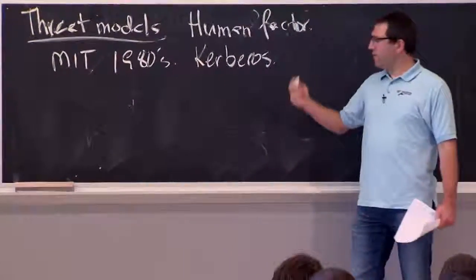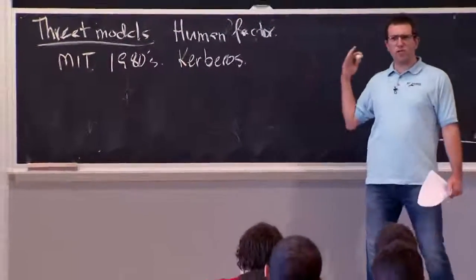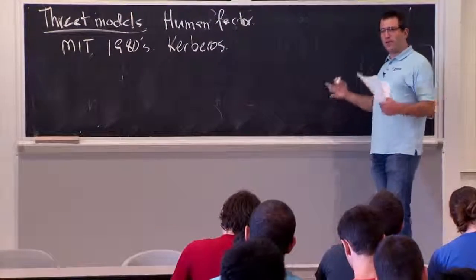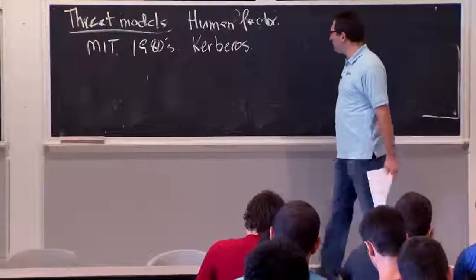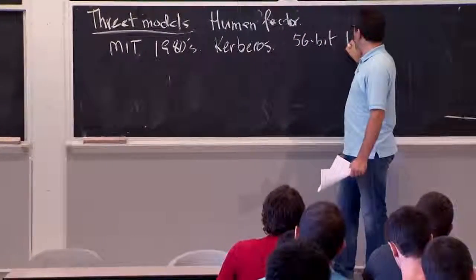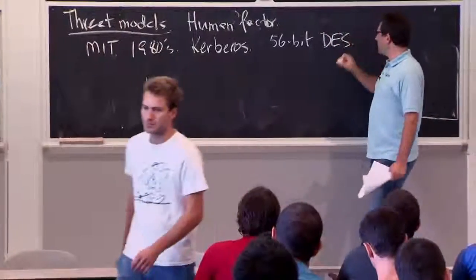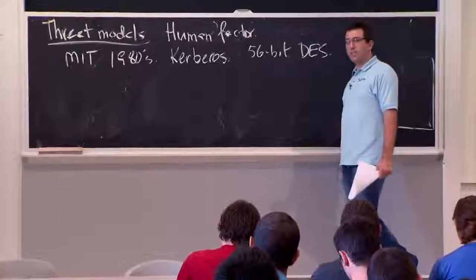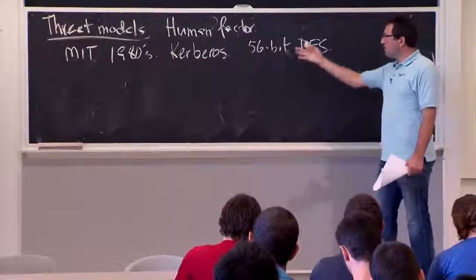And at the time, they were figuring out that Kerberos is going to be based on cryptography, so we need to pick some size keys to make sure they're not going to be guessed by arbitrary people. And they said, OK, well, 56-bit keys at the time for this cipher called DES seemed like a plausible size, maybe not great, but certainly not entirely unreasonable. And this was in the mid-80s.